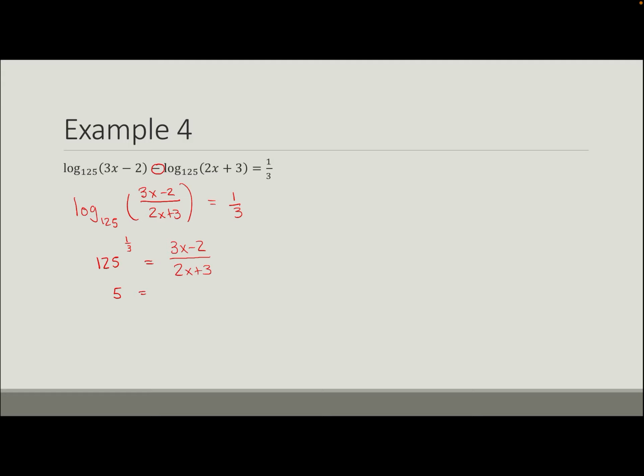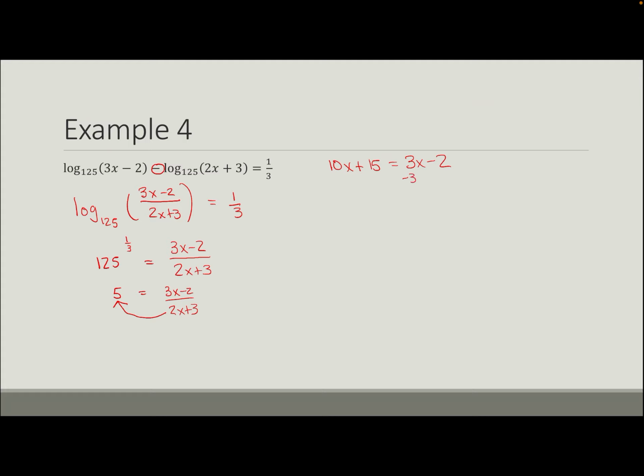So we get 5 equals 3x minus 2 divided by 2x plus 3. Our next step would be to multiply this denominator of 2x plus 3 times 5. So we'll just do that up here. So we're going to get 10x plus 15 equals 3x minus 2.